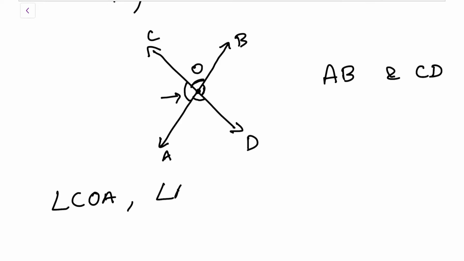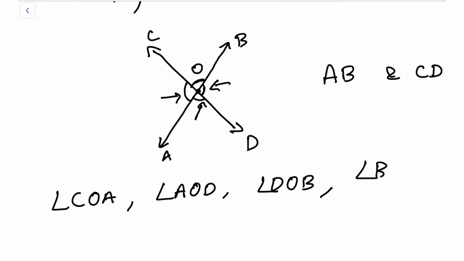Then angle AOD. As you can see, angle AOD is this one. And then we have angle DOB. DOB is this one. And finally we have angle BOC. BOC is this one. These are the angles that are formed when 2 lines intersect at a point O.